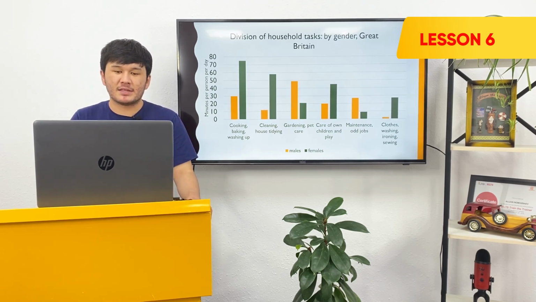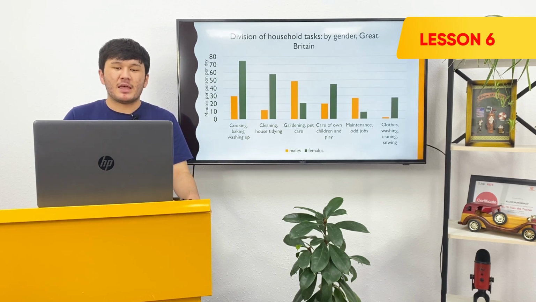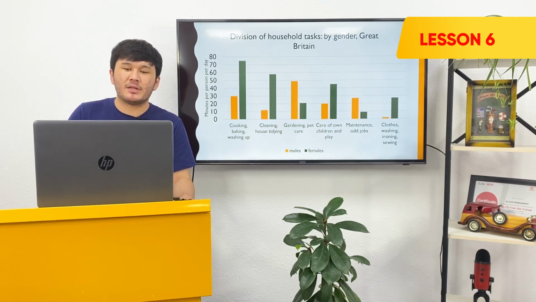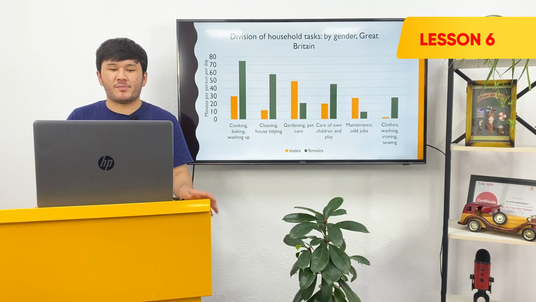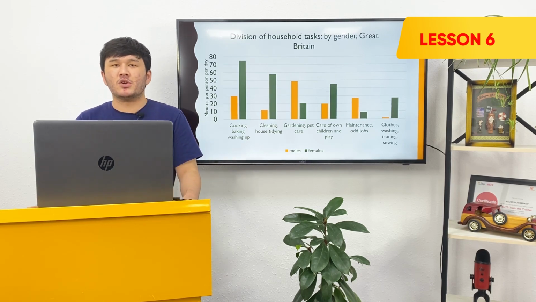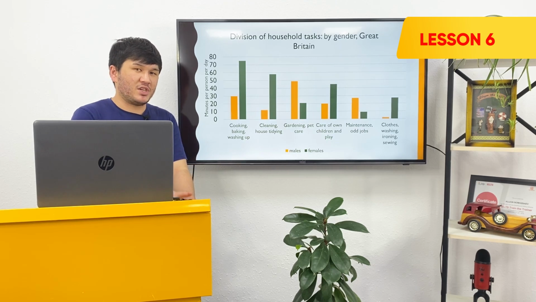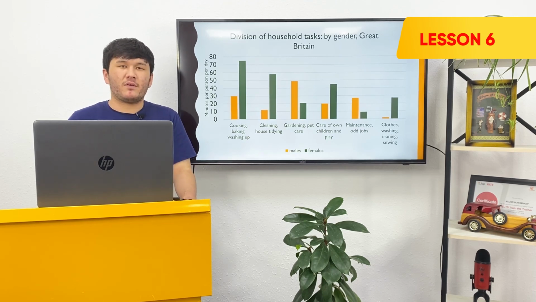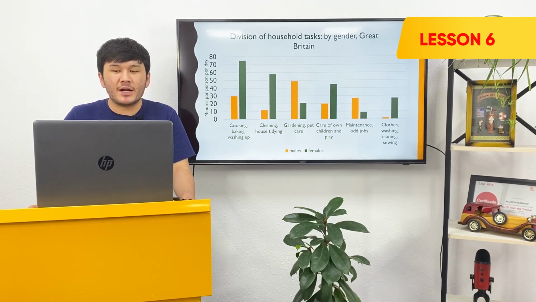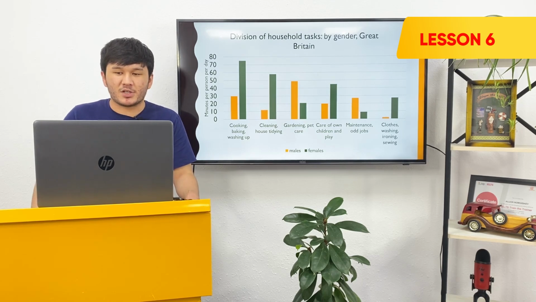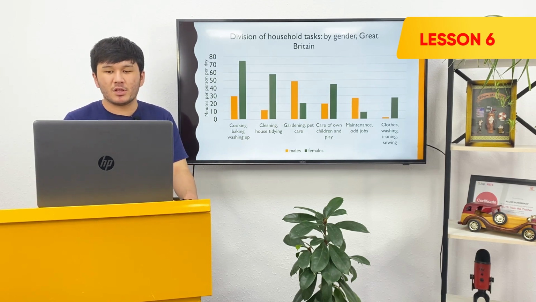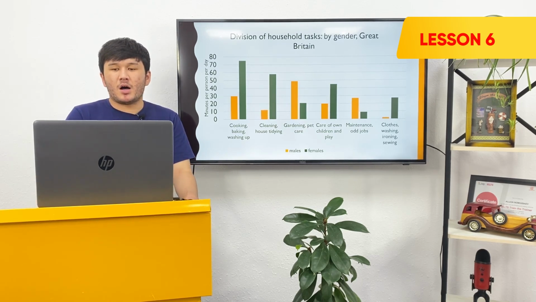So there are 6 types of household tasks, and how much time each gender is spending per day is shown in the form of a bar chart. As you can see, there is no year at all. So if the bar chart doesn't have a year at all, if it has only 1 year, it's going to be a compare chart. So as usual, we're gonna be planning.